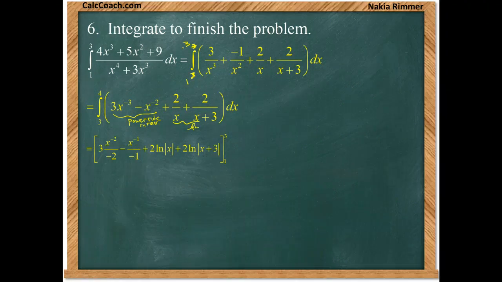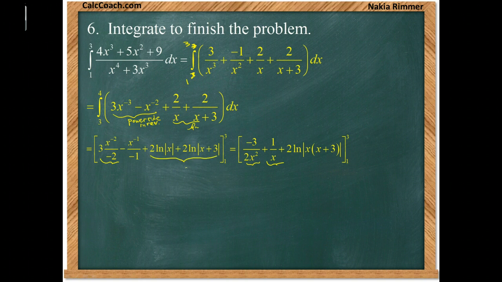Okay, great. So we plug it. Well, let's simplify first. This doesn't look quite ready yet. Let's put this x squared on the bottom and deal with these negatives here. We're talking about negative 3 over 2x squared. And we're talking about a positive, because of these two negatives, 1 over x. And I recommend, you don't have to, but I recommend putting these two guys together.